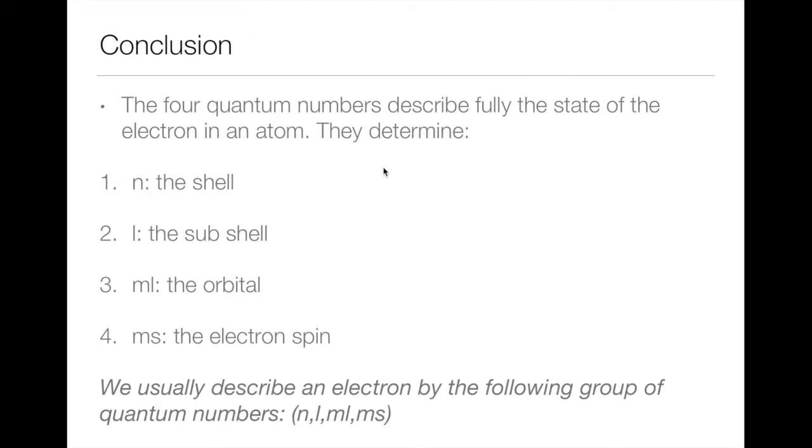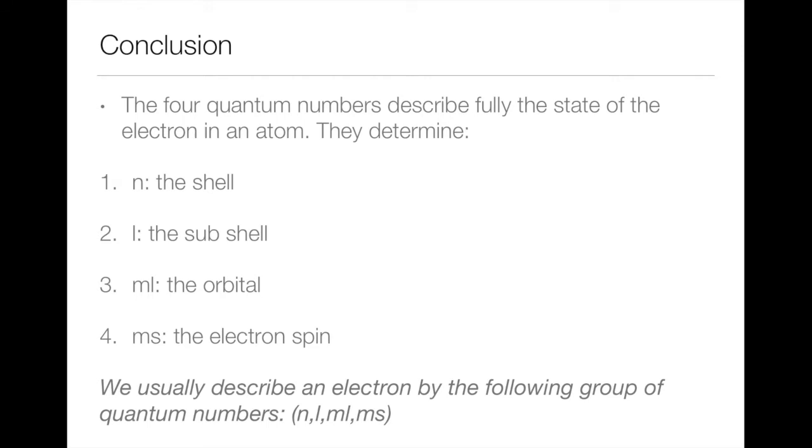Now let's conclude what we said. We've got first the n number, which shows us the shell. It can be K, L, M, N. The l number, which determines the subshell, can be s, p, d, f. We've got ml, which shows us the exact orbital, which is pz or py or 3py.